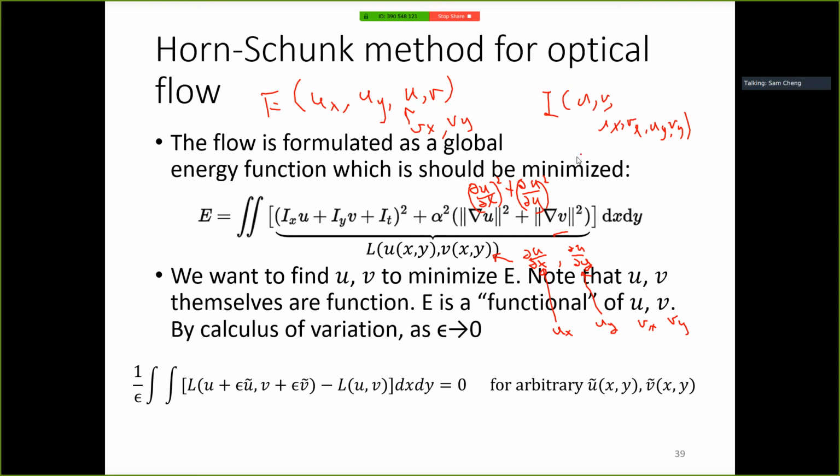I can try to see if I make some changes on u and v. Let's say I shift u and v by a tiny value, u tilde epsilon and v tilde epsilon.